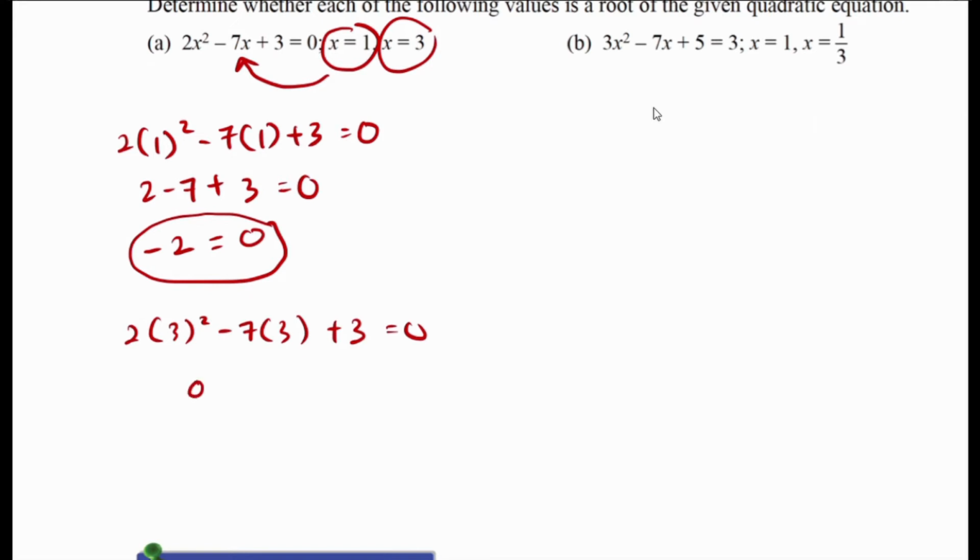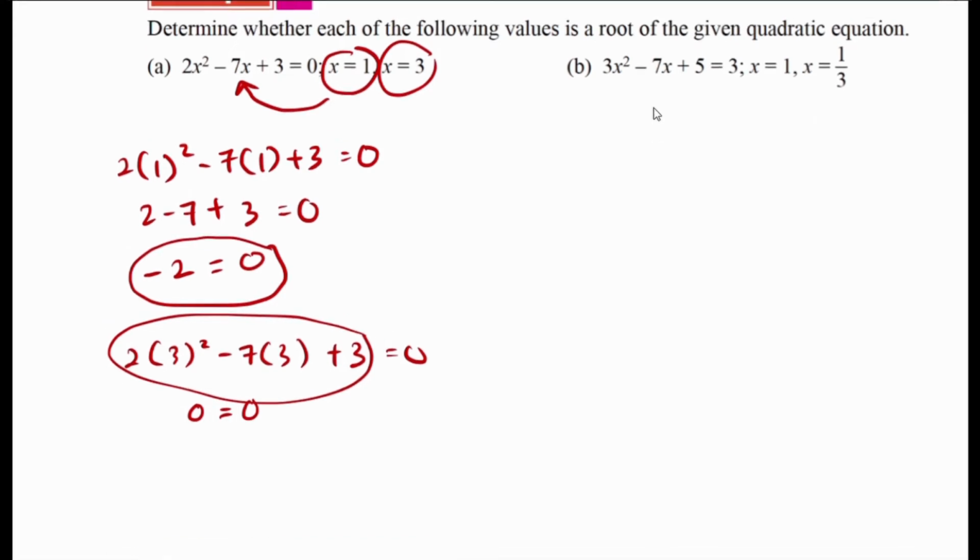We get 0, which means 0 is equal to 0. So 3 satisfies the equation.